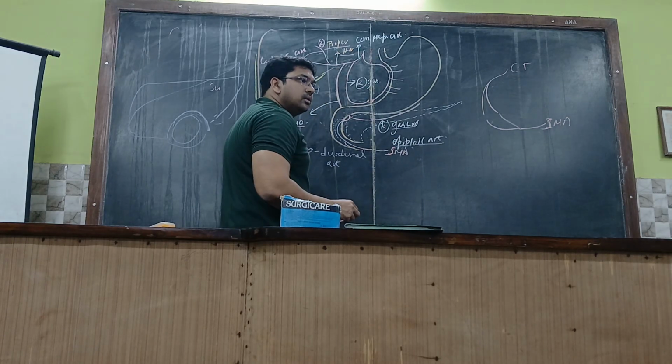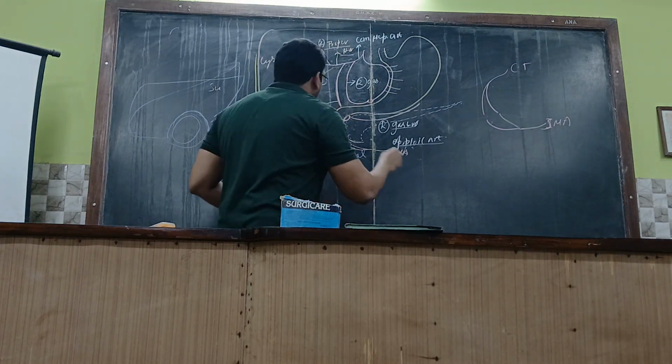So the retroduodenal artery, that is the occasional branch.